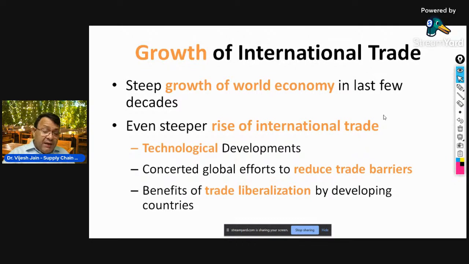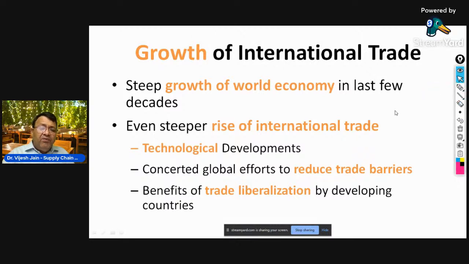So in that scenario, how do you reduce the cost of trade transactions, so-called transaction costs, reduce the time of movement of the goods, reduce the overall cost, and add time and place value for meeting the changing needs and demands of the international customers? So that is what we are seeing today.